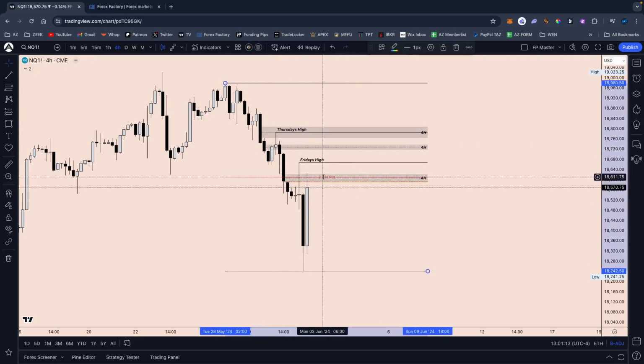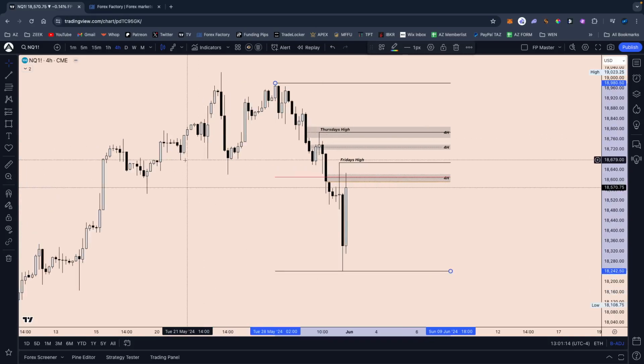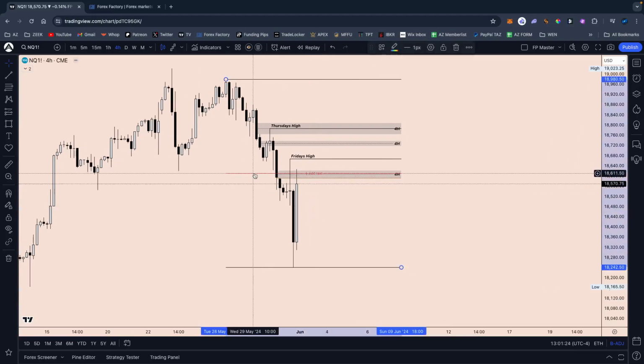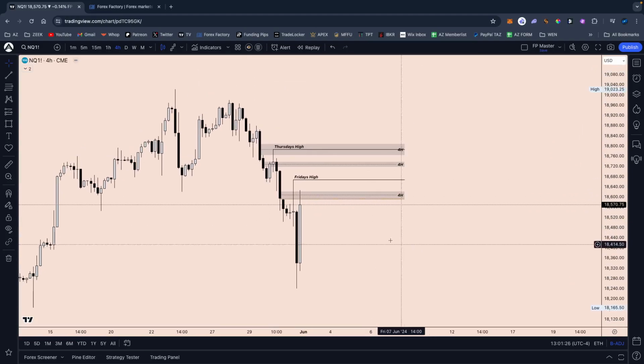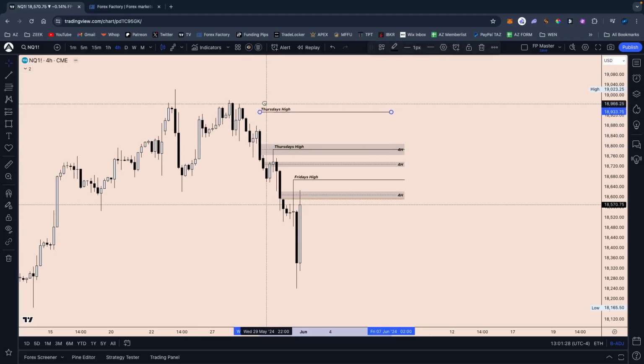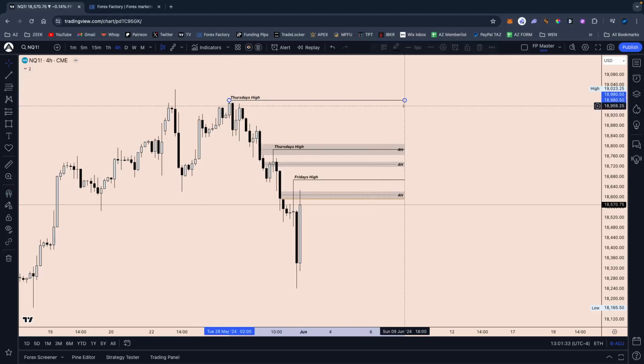For our range, after our market structure shift here, I won't leave that on the chart. That's all I really need for now, at least for our time frame.